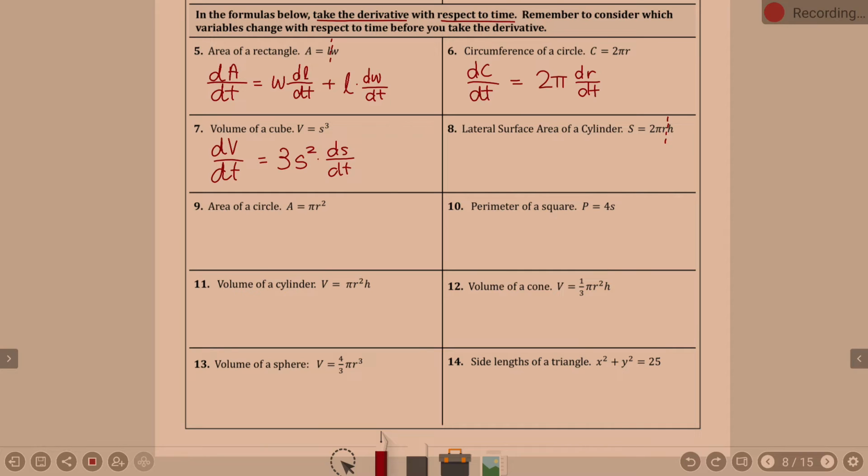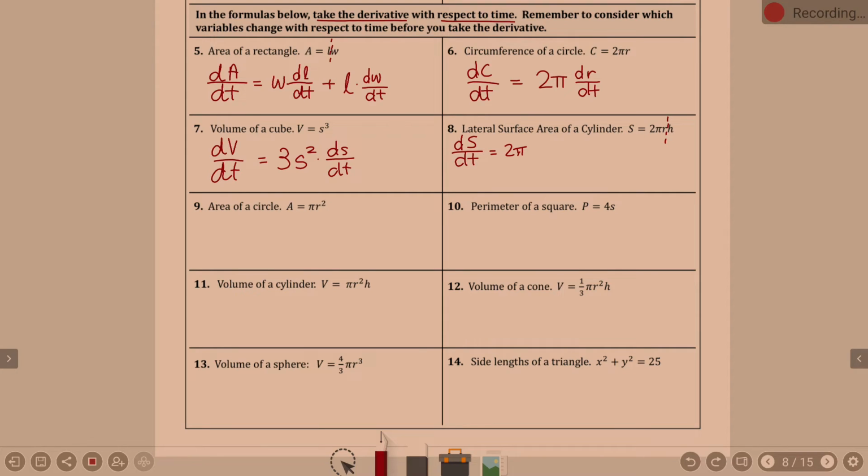You'll see. So the derivative of S, dS/dt, is equal to, if we're doing our product rule, it's 2 pi r times h. What's the derivative of 2 pi r? 2 pi times dr/dt. And don't forget there's still the h.